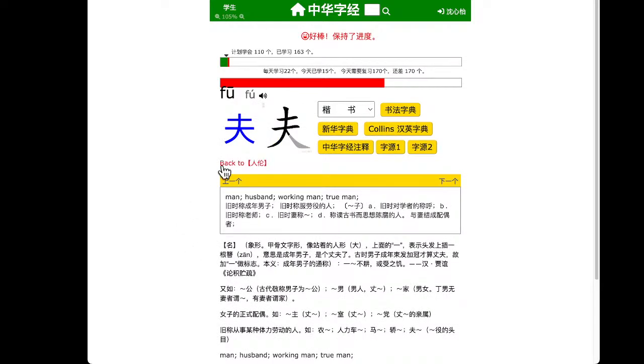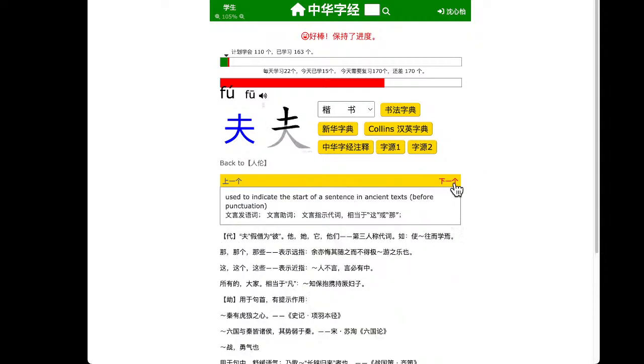Fu refers to a man in the context of being a husband and the head of a household. It also has another reading, fu, and nobody uses this anymore. This was used to indicate the start of a sentence before punctuation was invented in Chinese.